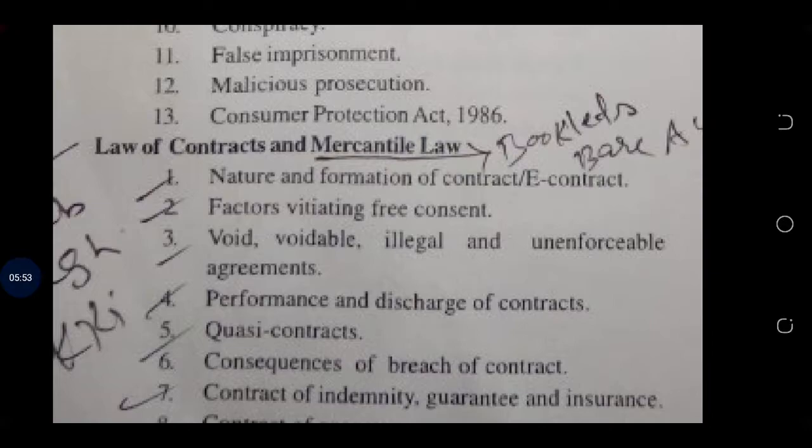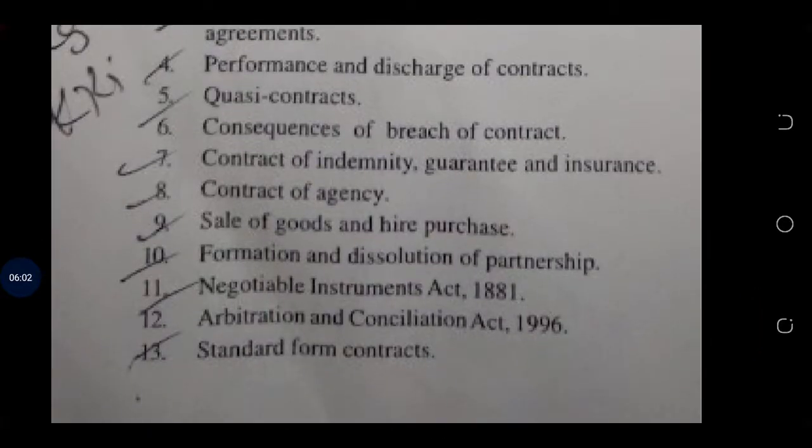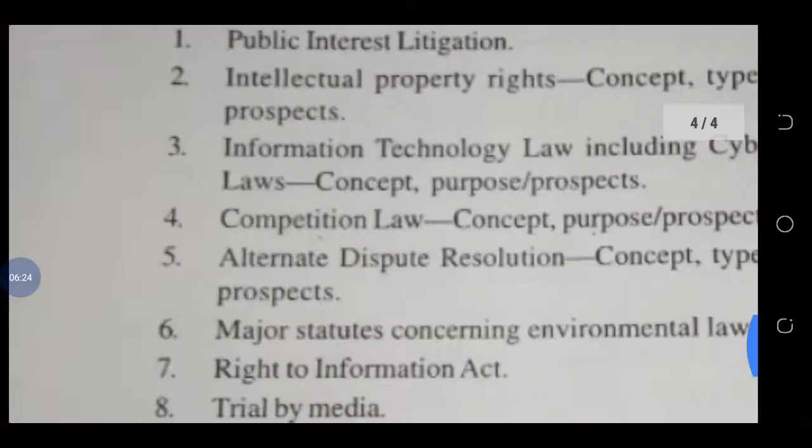Next, void, voidable, illegal and unenforceable agreements, performance and discharge of contracts, quasi-contract, consequences of breach of contract, contract of indemnity, guarantee and insurance, contract of agency, sale of goods and hire purchase, formation and dissolution of partnership, Negotiable Instruments Act 1881, Arbitration and Conciliation Act 1996, standard form of contracts.